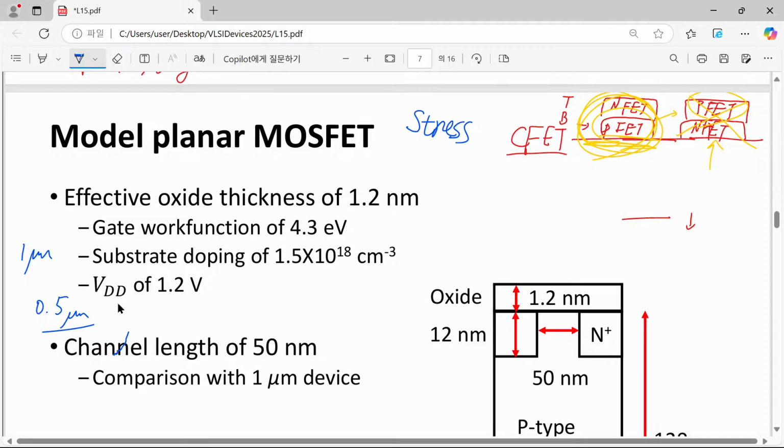Compared with the minimum size you can have, if your actual device is much longer than that, then we can say that is a long channel device. However, if your device is comparable with your shortest length device, then you have to say that is a short channel device. And nowadays it becomes even more important, because in most state-of-the-art devices, the most advanced devices, actually there is no long channel device.